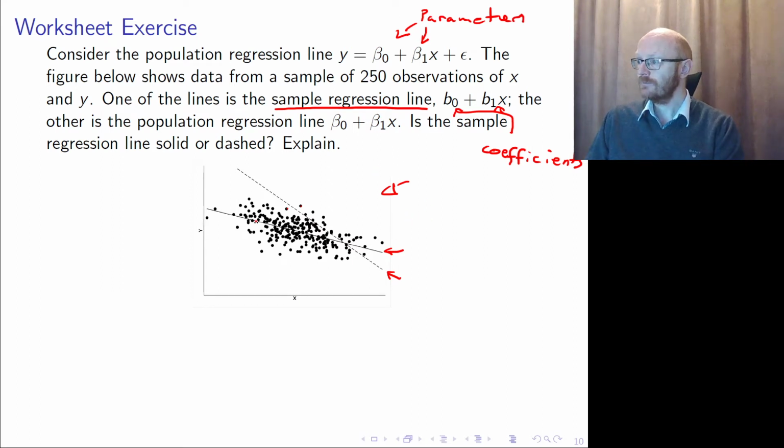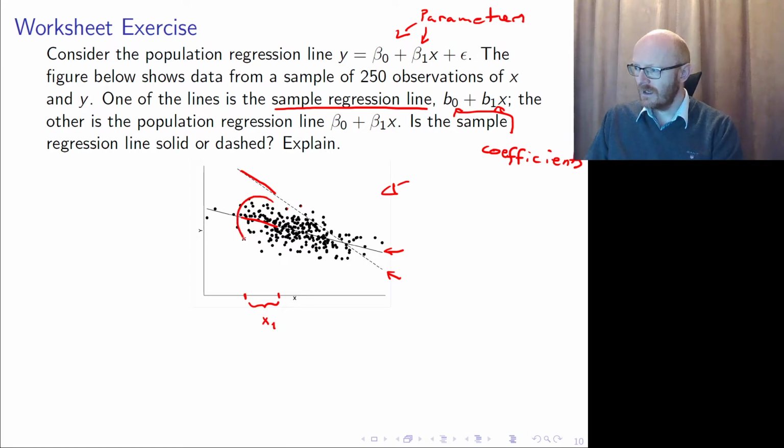So what you could do is think of a certain portion of the x's, and look at whether my line represents the average y, given a certain x.